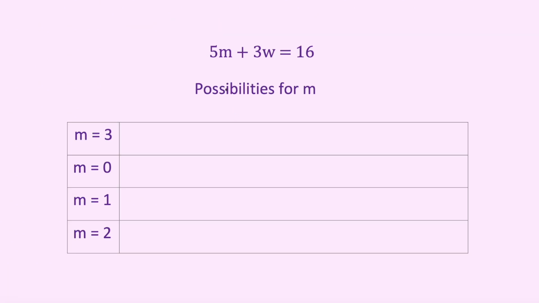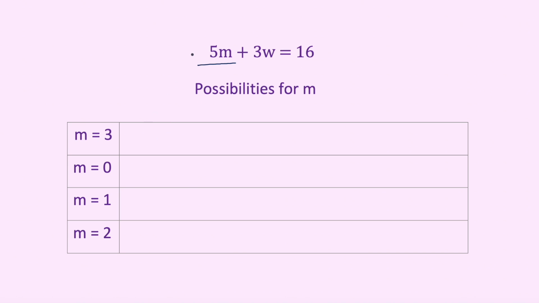Now let's go through the possibilities for m, keeping in mind m was the number of men and w was the number of women in our riddle. First, if m is greater than or equal to 4, because 5 times 4 is 20, the left-hand side would be too big, because 20 is greater than 16. So m has to be less than or equal to 3. Now, let's look at what happens when m is equal to 3.